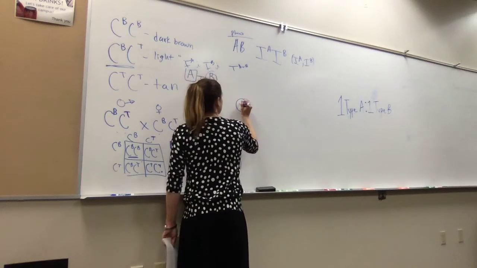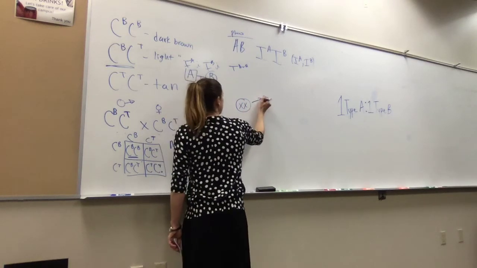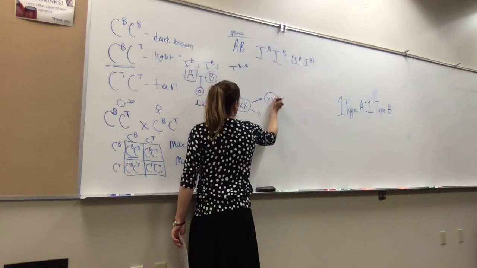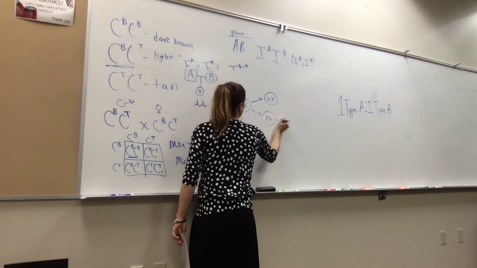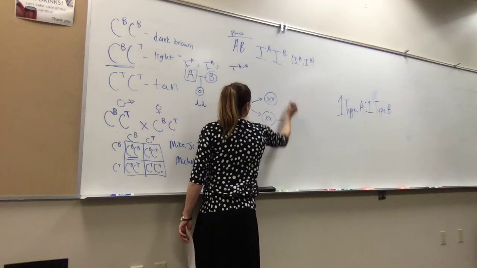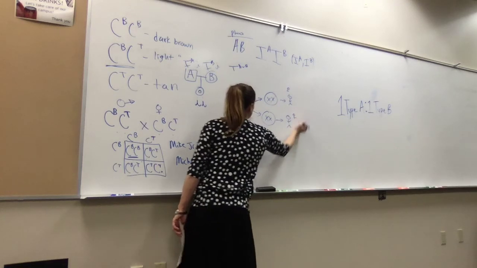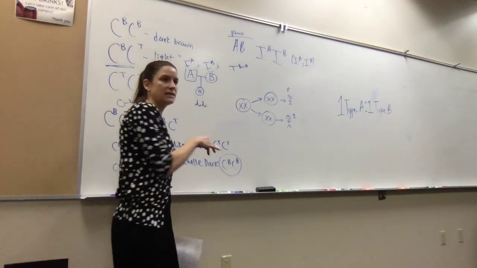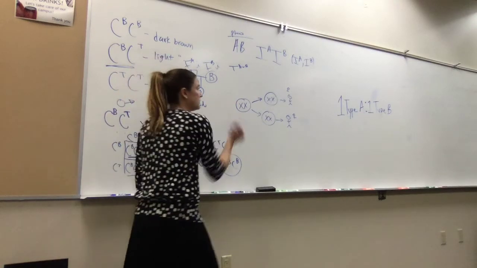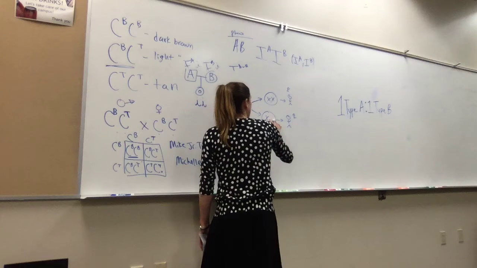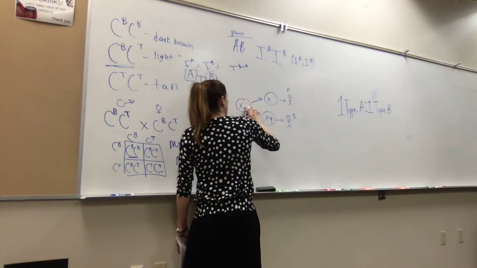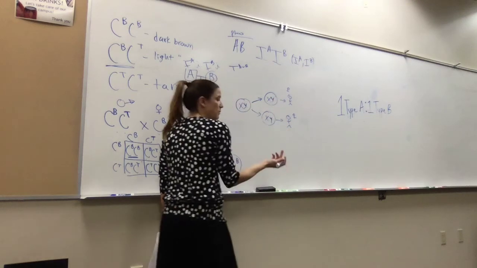So if you have this, and during early development it splits in half and each one goes on to become its own person, that could be an identical twin situation. They'd have to both be girls, or they'd have to both be boys.